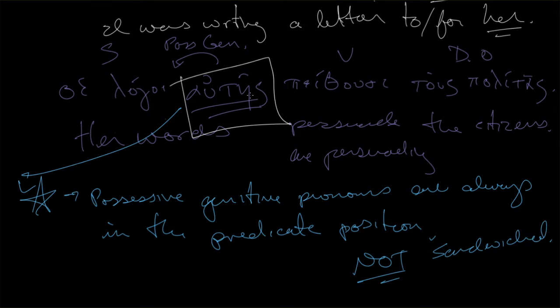In part because there's no article that pairs with these. It's not the words of the herself. Basically, just know that that's not possible. We can't move that into the sandwich position.